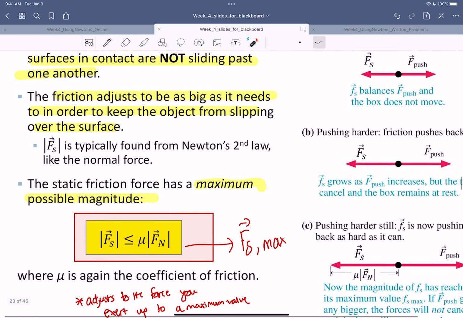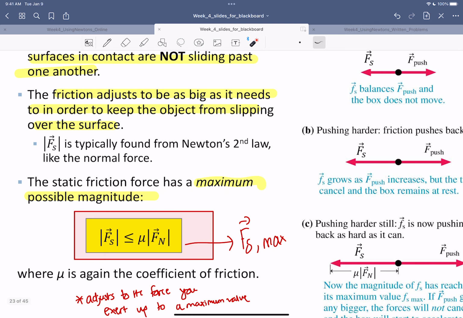And so there's a maximum possible magnitude to that static friction, and that's equal to mu times the normal force. That makes sense because the push force that I applied, let's say that was 300 newtons, has a normal force applied back to me, opposite and equal, from the wall.